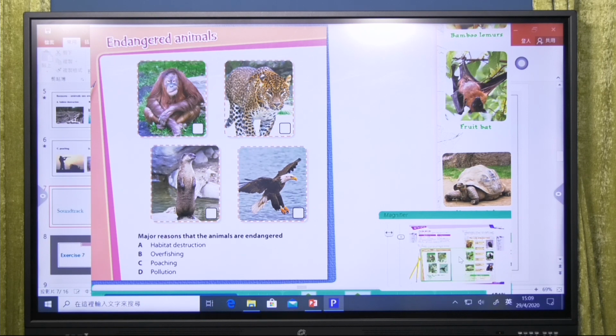What beautiful animals, Miss Loy. Surely they can't all be endangered. I'm afraid so, Jill, for all sorts of reasons. Look at the list of reasons there. What does habitat destruction mean? It's when the place where an animal lives is destroyed, usually by people. For example, there are very few orangutans left alive in the wild because people keep cutting down the jungles where they live.